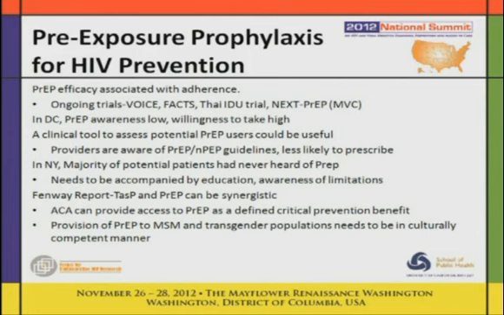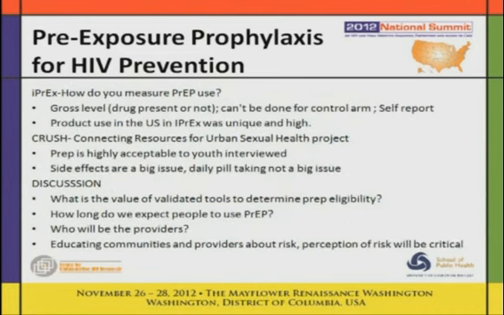So we have, again, a model that we can look at in how Massachusetts has implemented its healthcare reform, to look at the opportunities that we can gain from and what some of the challenges are that we're going to have nationwide. And then there was provision of PrEP to gay men and transgender populations, which needs to be done in a culturally competent manner if it's going to be successful.